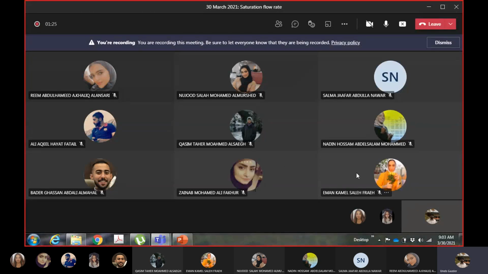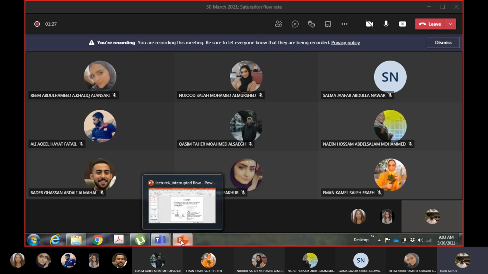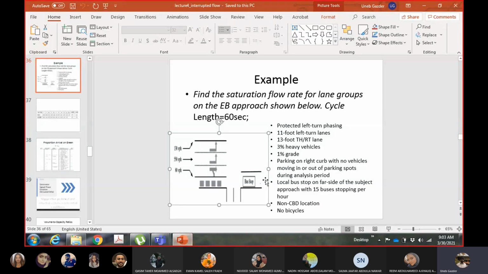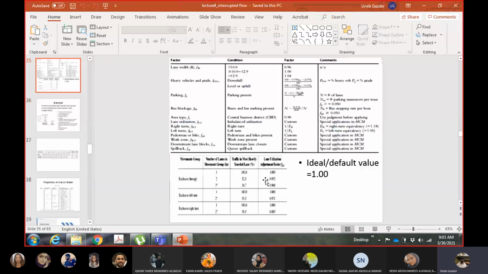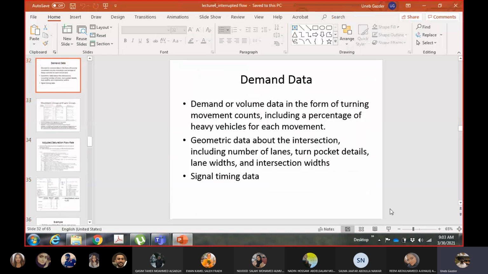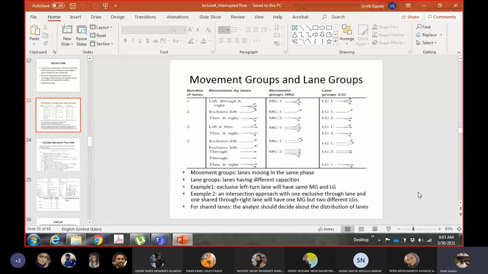Up till now, the steps we have discussed include getting the data from the field, including the volume, turning volumes, and the percentage of heavy vehicles, geometric data such as number of lanes, lane widths, and any turn pockets and intersection widths, signal timing data, and then we need to find out the movement groups and lane groups, and their flow rates.